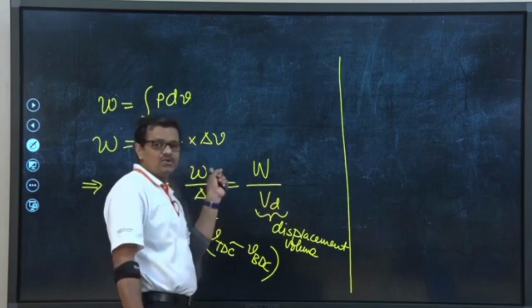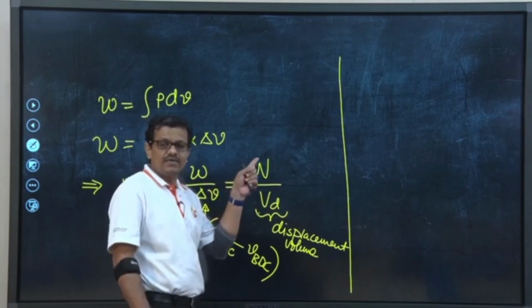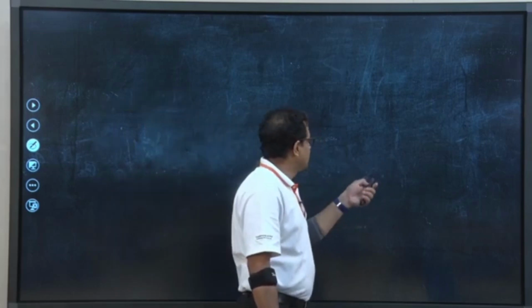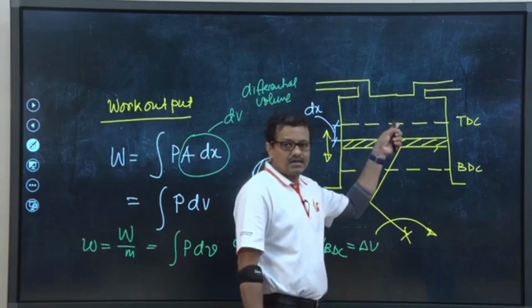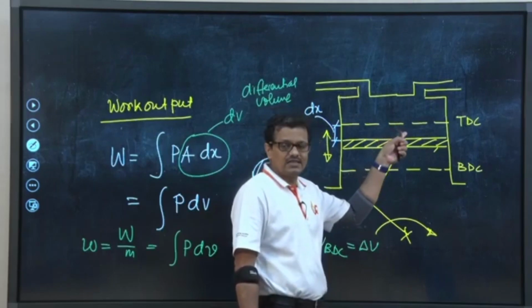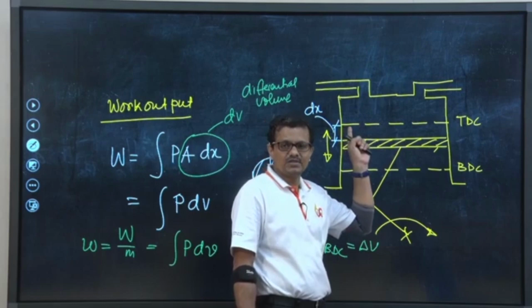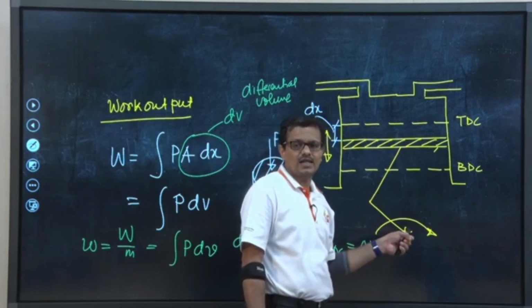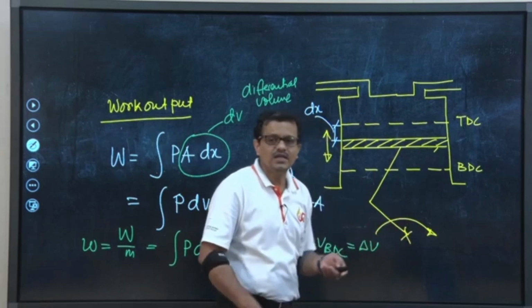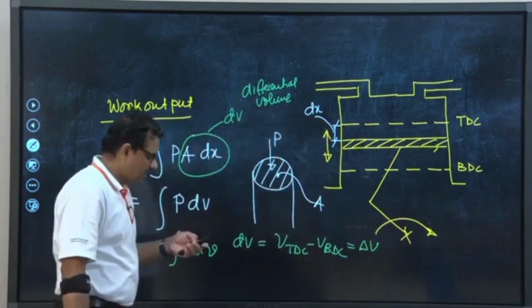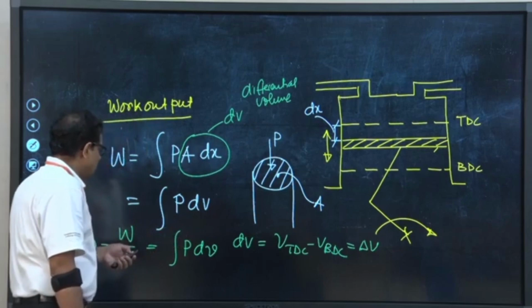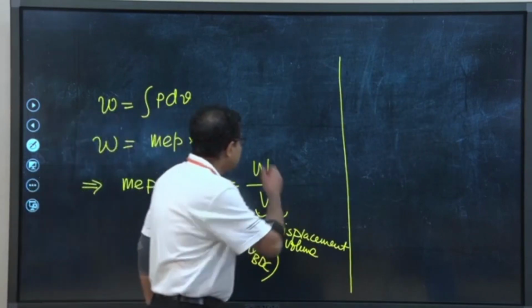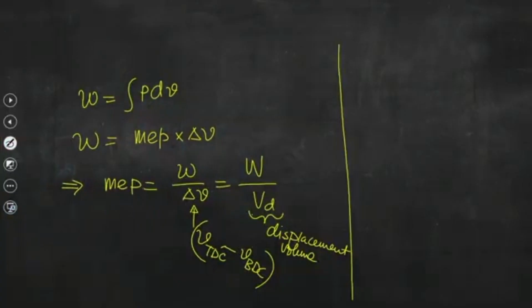If this W is the work which is available on the piston face inside the cylinder, then mean effective pressure will be something. If we consider the work which is available at the crankshaft, then mean effective pressure will have a different name. So, if we now go to discuss the several mean effective pressures.